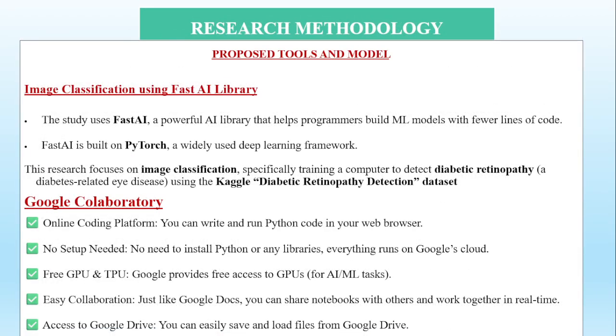Now, the proposed tools and models we have used. I have also discussed the Google Colaboratory image classification using the Fast AI library. The study uses Fast AI, a powerful AI library that helps programmers build ML models with fewer lines of code. Fast AI is built on PyTorch, a widely used deep learning framework.